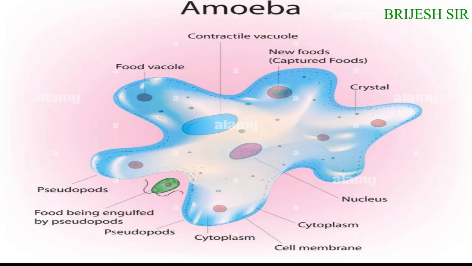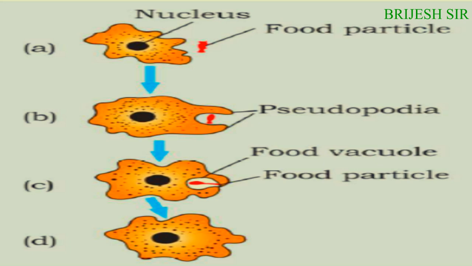Nutrition in amoeba. Amoeba is a unicellular organism that uses holozoic nutrition and digests food inside the cell. How amoeba eats. Amoeba captures food using temporary finger-like extensions called pseudopodia.